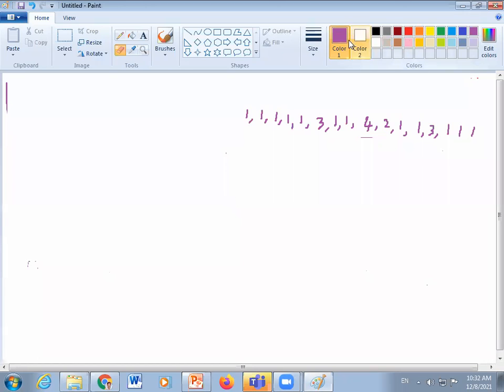Please note down once again x of n and h of n, so that we will form the blocks here. So this is our x of n, and h of n will be equal to 1, -1.